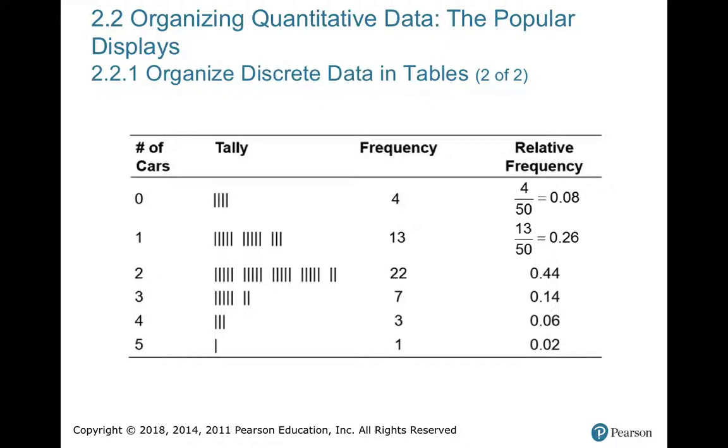And then those give us our proportion, which we could then change into percent. So we could say what percent of families have 2 cars available, and that would be 44%. Or we could say what percent of households have 2 or 3 cars available. Then we would add those up, and that'd be 58%.